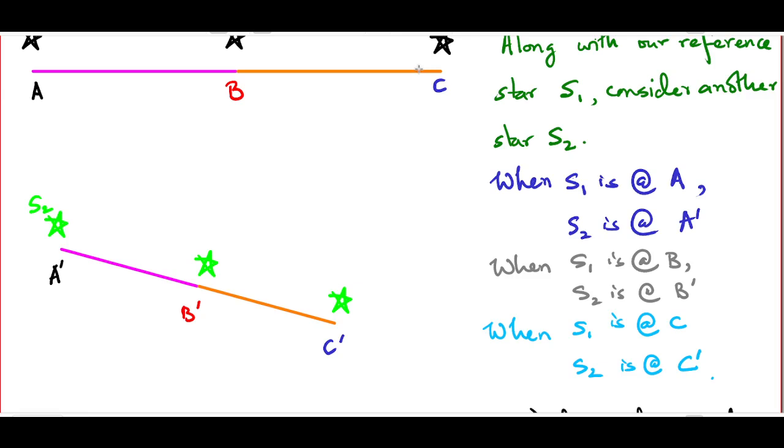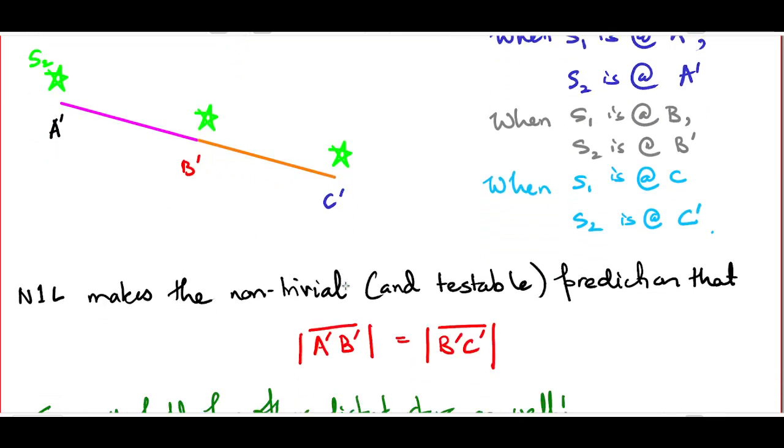Velocities had to be equal. There was no option there. However, once we use that definition of time, that will also render the velocity of star S2 between A prime and B prime equal to that between B prime and C prime. This is a non-trivial and testable prediction that Newton's first law is making.